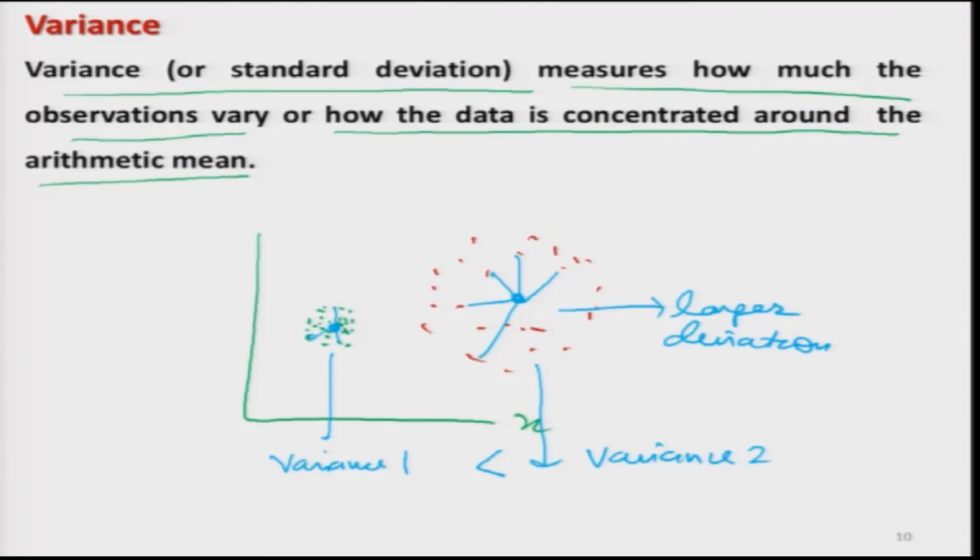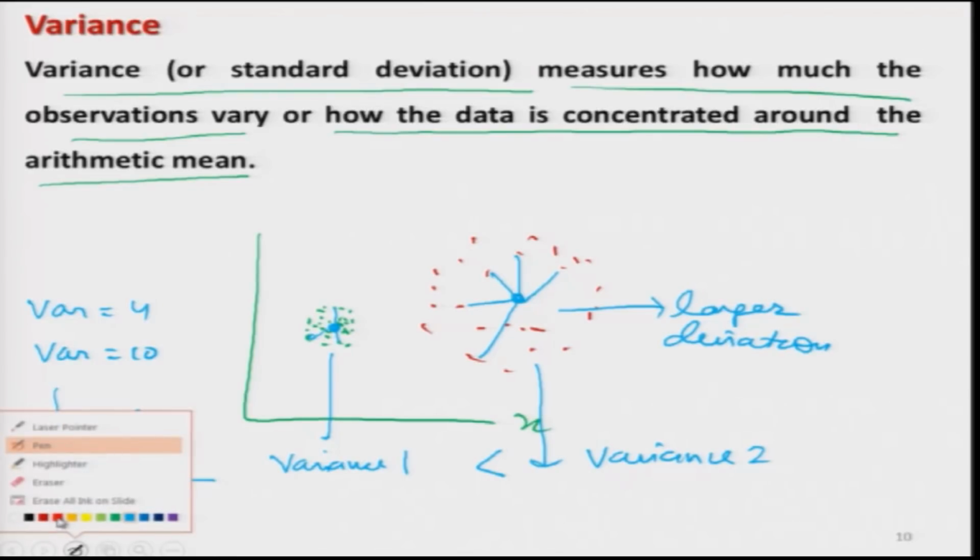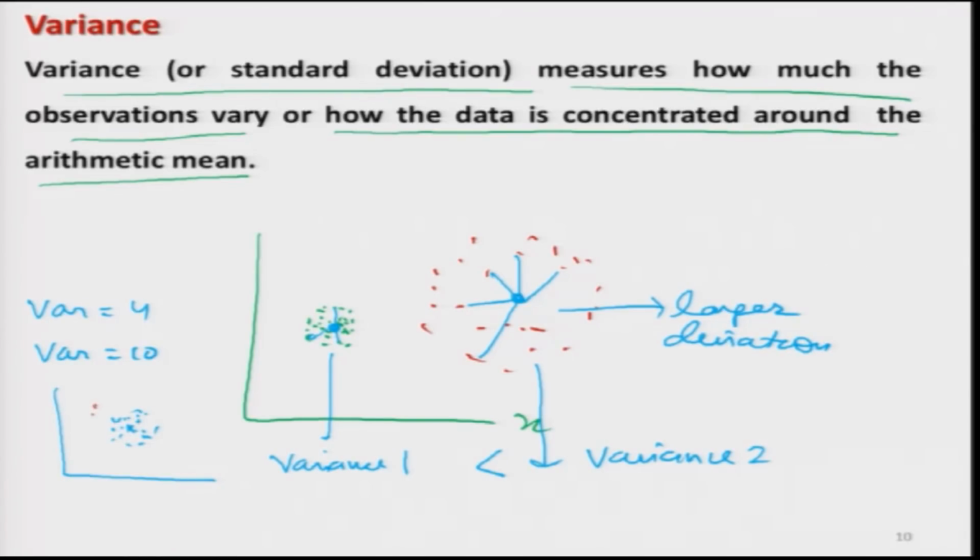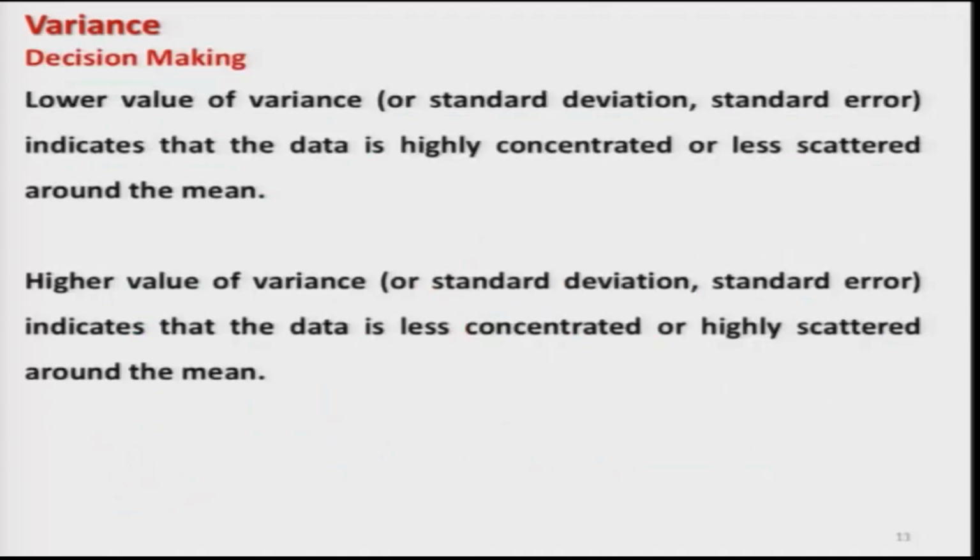So, whenever I have a variance equal to 4 and a variance equal to 10, this obviously indicates that the data with variance 4 is more concentrated around the mean value, and the data with variance 10, which I am denoting with the red dots, is more scattered around the mean value. This is how we interpret the value of the variance.